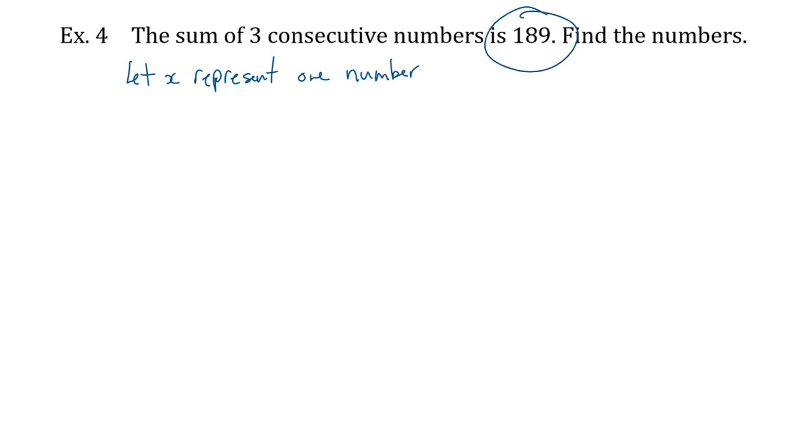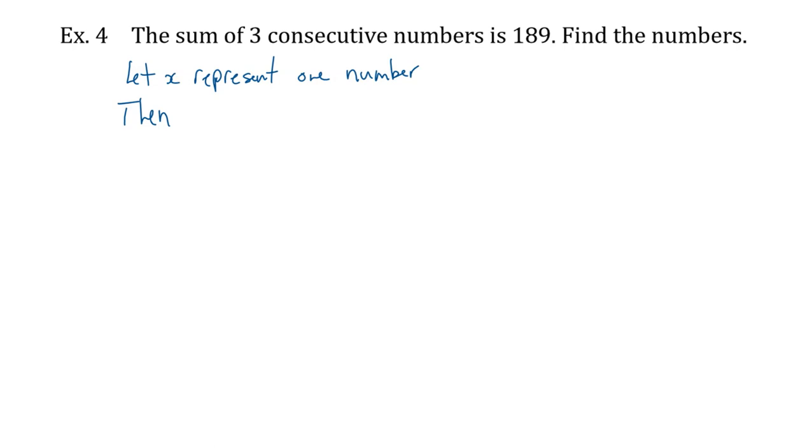If 189 was the first one, but they add up to 189, it's not one of the numbers. Yep. 188. Well, that would be the same thing, but that wouldn't add up to 189. What comes after x? 2x. Close.